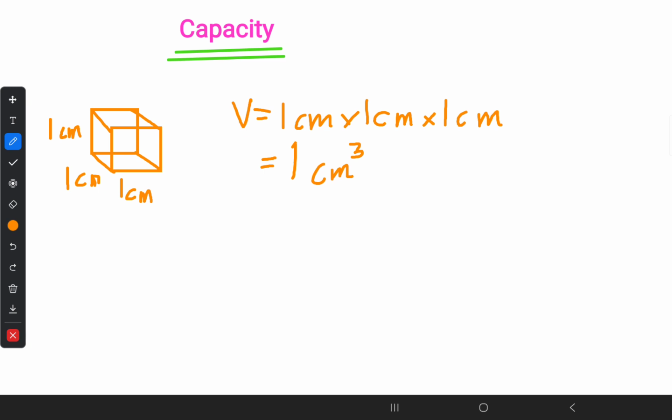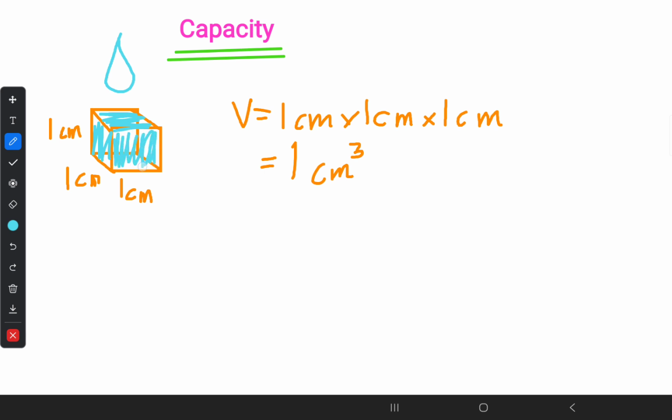You take 1 droplet of water and pour that water into it. When you pour this 1 droplet of water into it, this cube will entirely fill with that water.